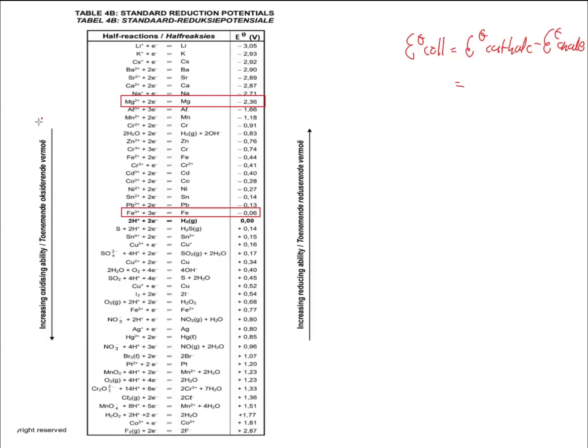So this is going to be what? Negative 0.06 minus negative 2.36. And then when you punch all of that into your calculator, that gives you 2.3 volts. So that's your E cell right there, 4 marks.